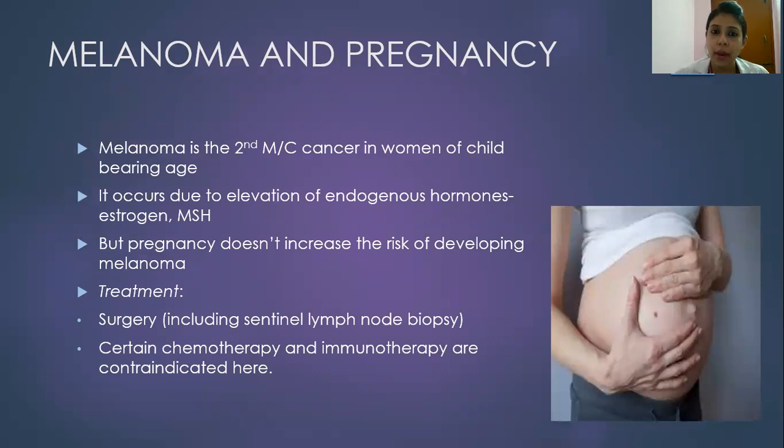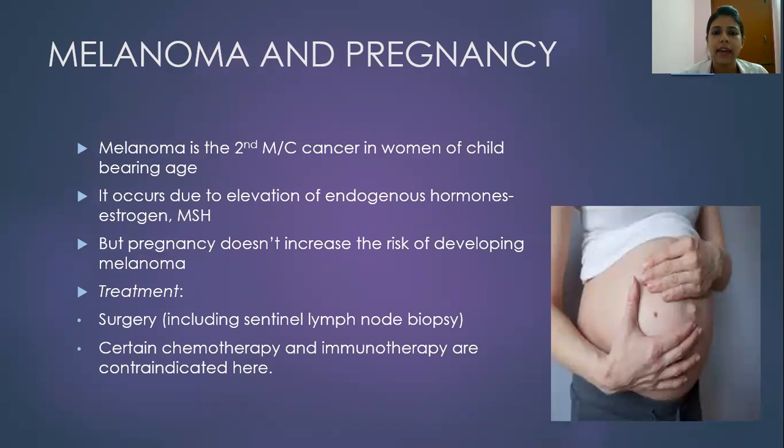Next, let's talk about melanoma and pregnancy. Melanoma is the second most common cancer seen in women of childbearing age. It occurs due to elevation of endogenous hormones like estrogen and MSH, that is melanocyte-stimulating hormone. But pregnancy doesn't increase the risk of developing melanoma. For treatment, we can do surgery, including sentinel node biopsy. Certain chemotherapy and immunotherapy are usually contraindicated in pregnancy, so surgery can be done.